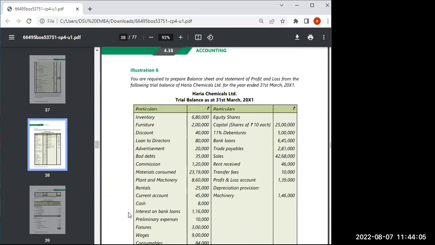You are required to prepare the balance sheet and statement of profit and loss from the following trial balance of Haria Chemicals Limited for the year ended 31st March 2021. This is the trial balance given to you. Like this, we are given a trial balance. We have to prepare the P&L account and the balance sheet. Let us go through this for a minute. What are the items given there?